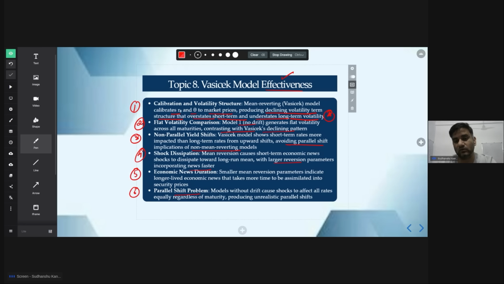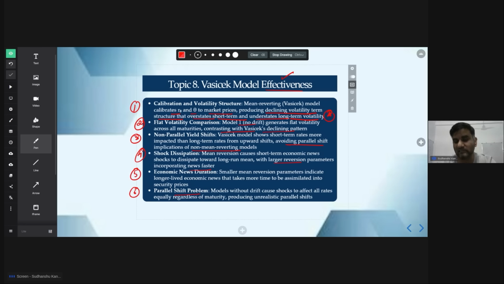So overall, Vasicek is a huge improvement over other models because you're solving for the parallel shift problem, you have non-parallel yield shifts, you're looking at economic news duration, dissipation of shocks, calibration, volatility, and the flat volatility comparison. So please remember, guys, these five or six points are very important in the exam.